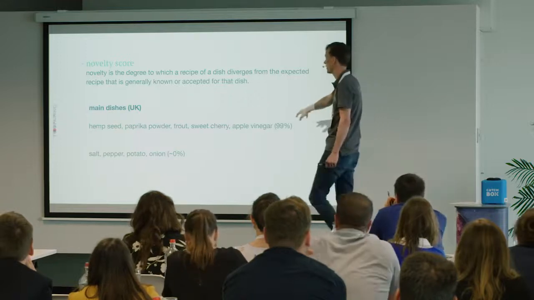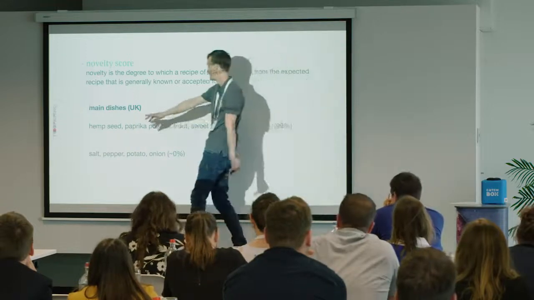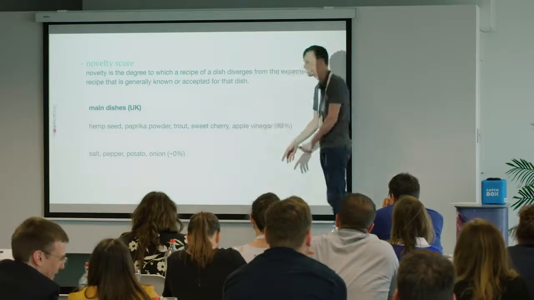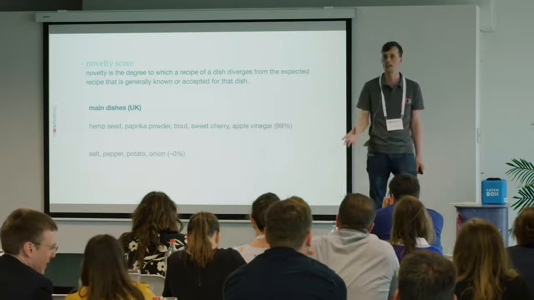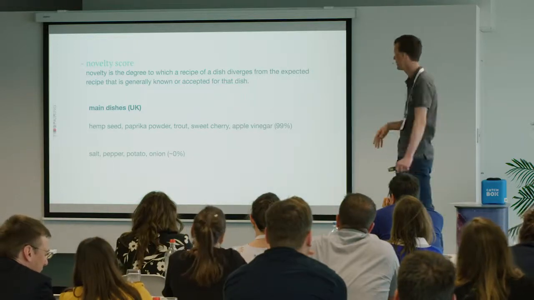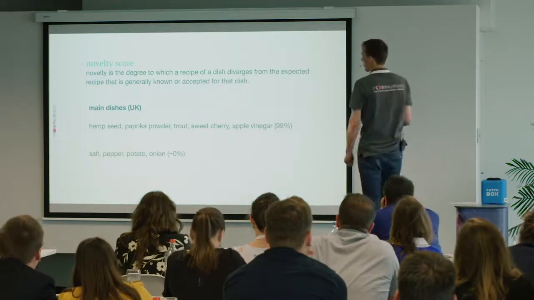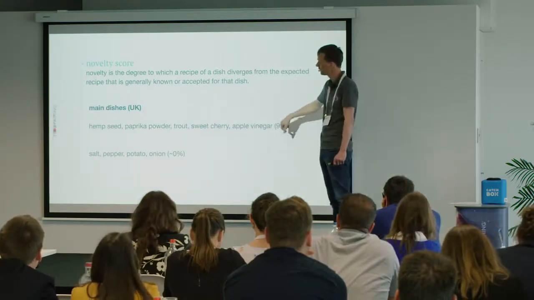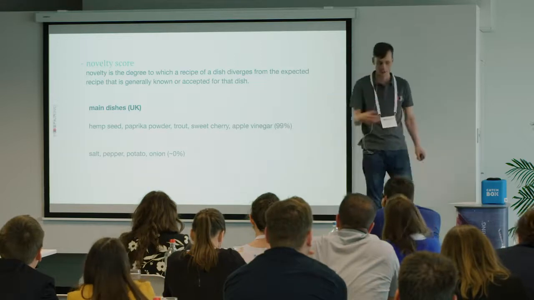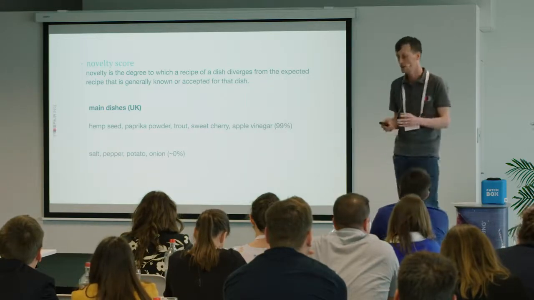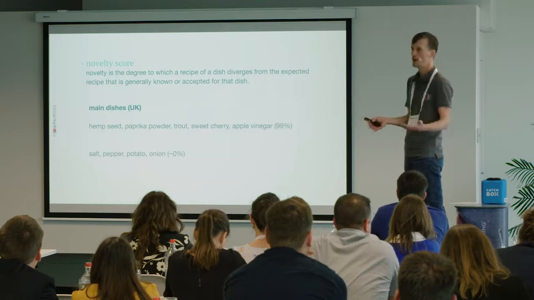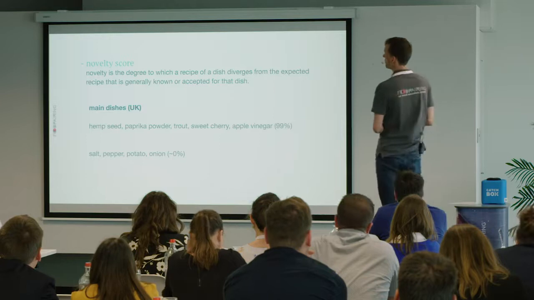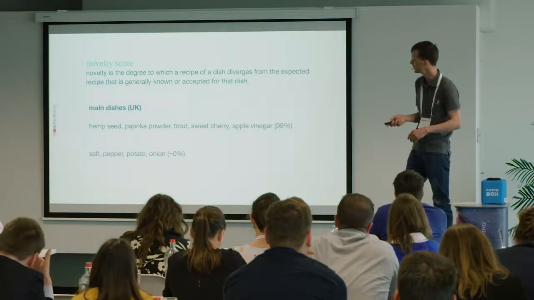While, for example, a dish that contains hemp seeds with bell pepper or paprika powder, trout, sweet cherry, and apple vinegar, that's a combination that almost nowhere appears within main dishes. So that's a very high novelty score. That's something we also take into account to see where you are. We can look into your portfolio and see what type of novelty score you have, because that will influence the type of concept we have to take into account.